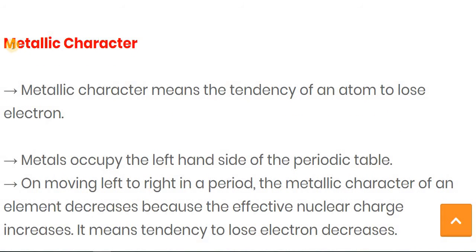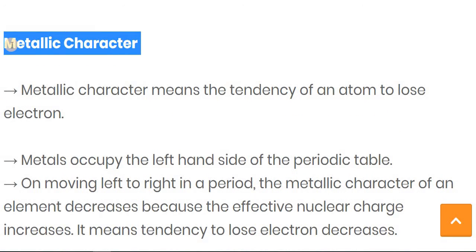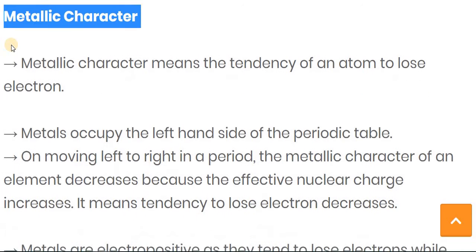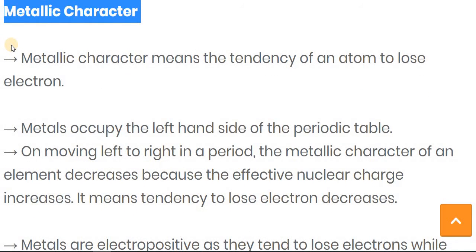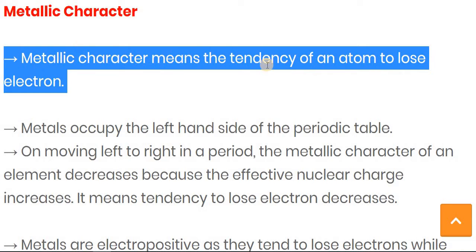Now the next property is metallic character. Metallic character means elements that possess a tendency of losing electrons. So that kind of element we consider as a metal. So metallic character means the tendency of an atom to lose electrons.